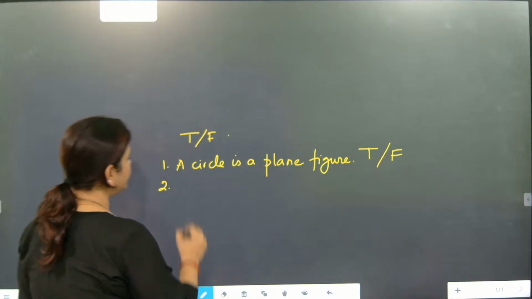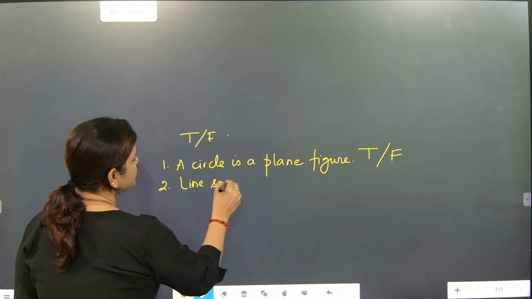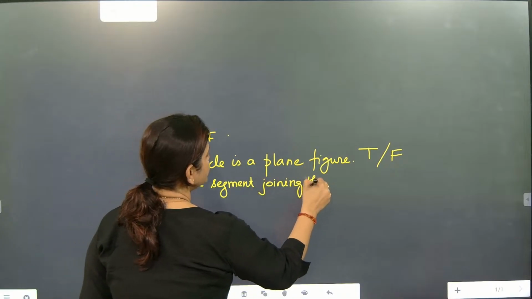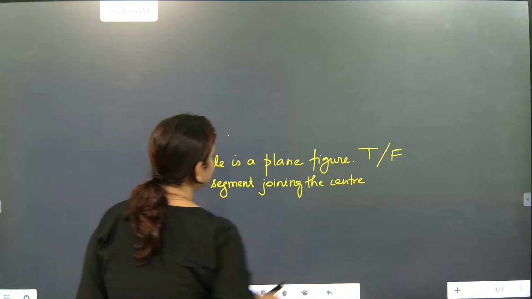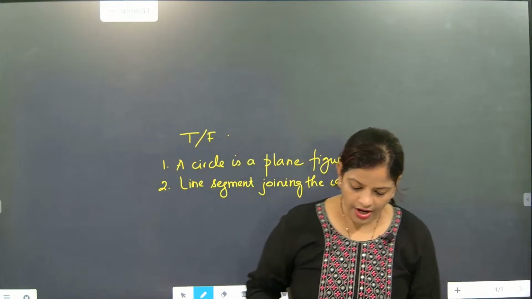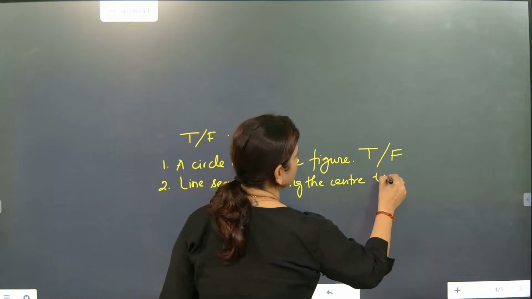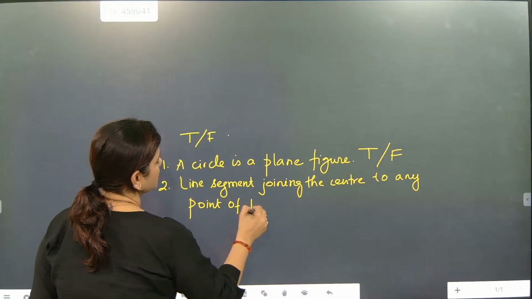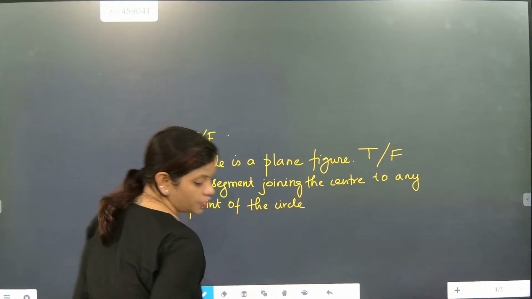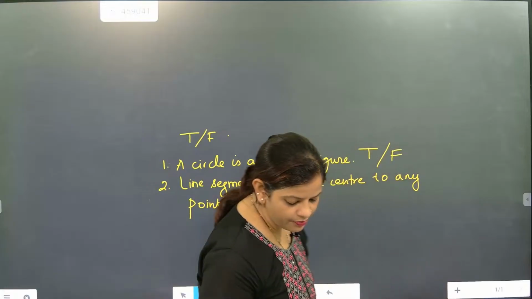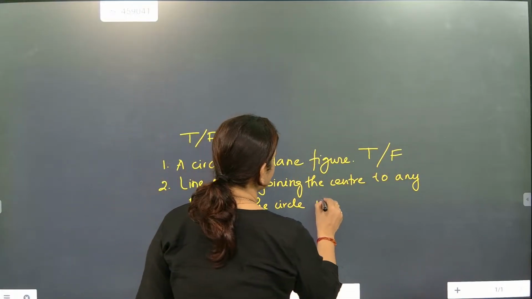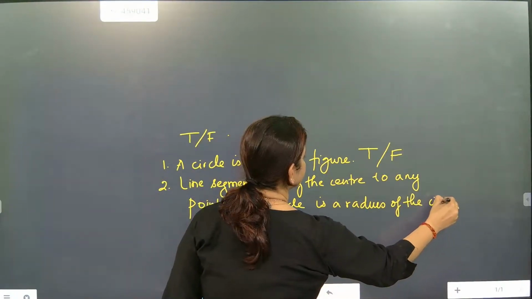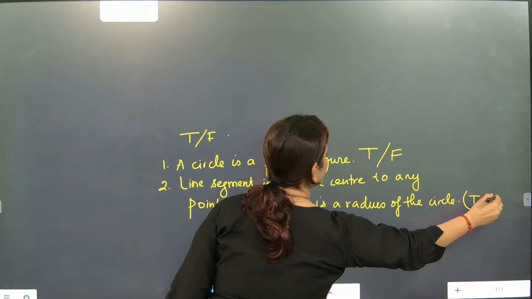A line segment joining the center to any point on the circle is a radius of the circle. This statement is true or false.